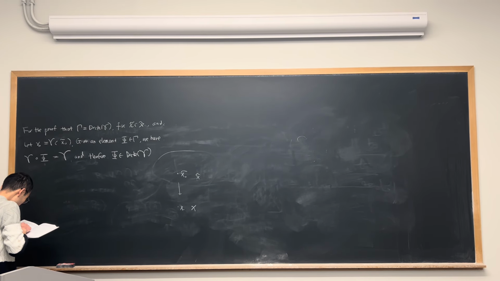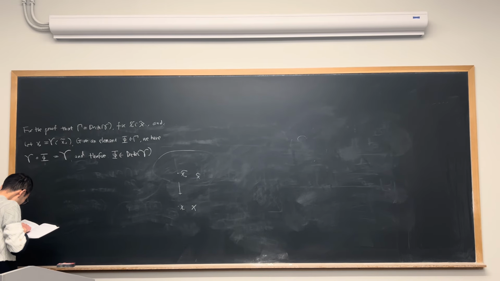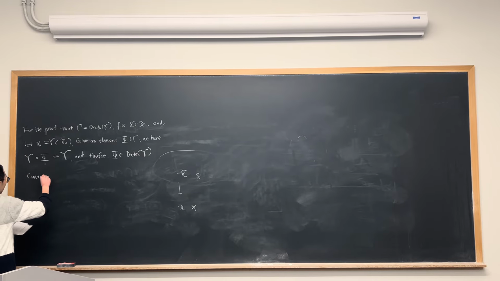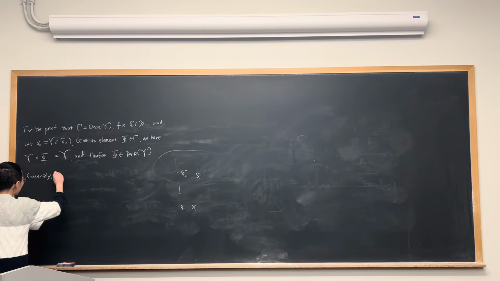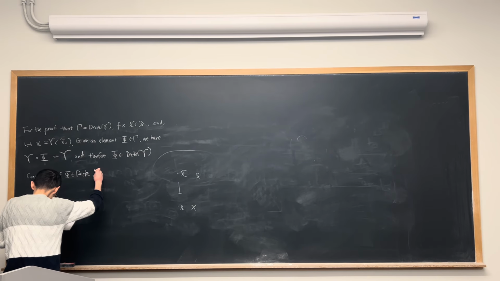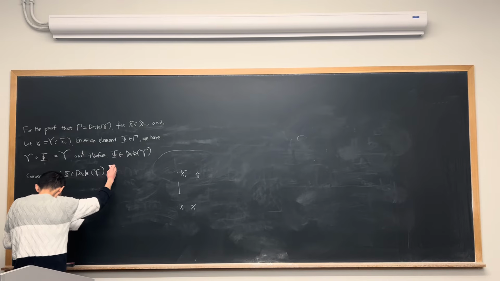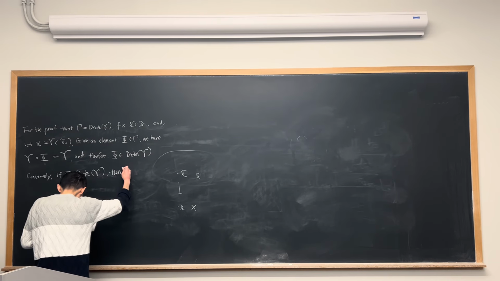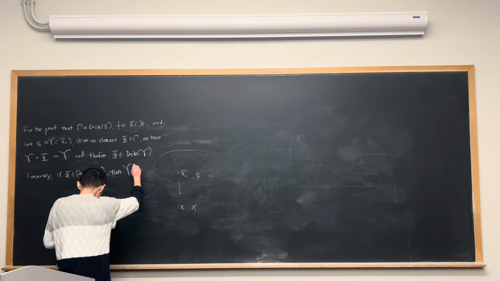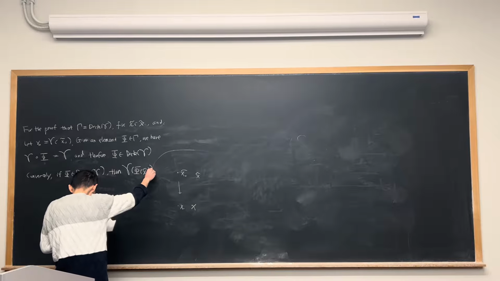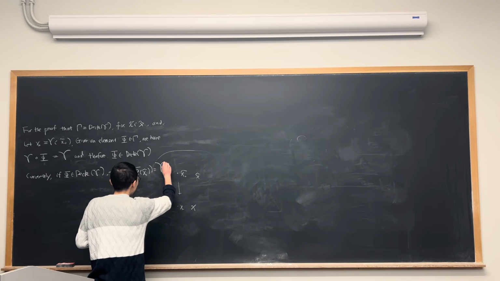Conversely, if this phi is in the deck transformation group of this vertical gamma, then we have the relation that vertical gamma of phi of x naught tilde is equal to vertical gamma of x naught tilde.